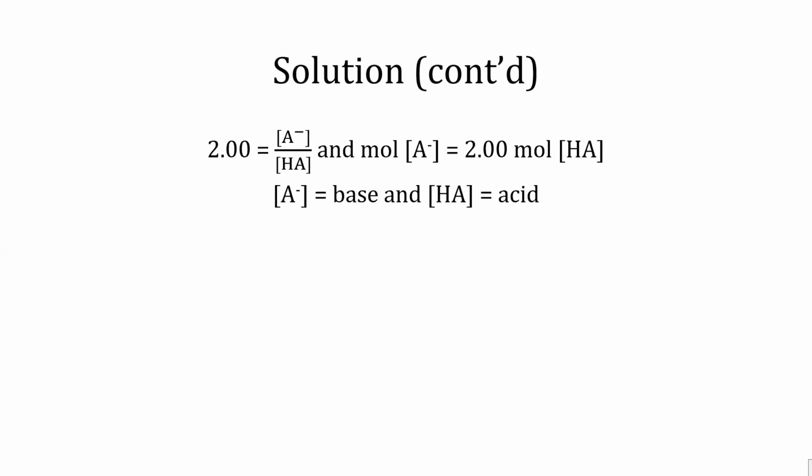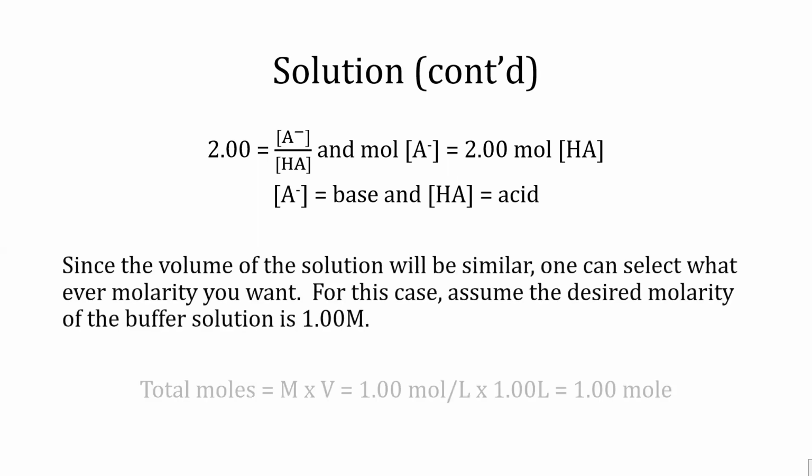Like before, total moles equals 1.00 mole, and since desired molarity is 1 molar, total moles equals M times V equals 1.00 mole per L times 1 L equals 1.00 mole.